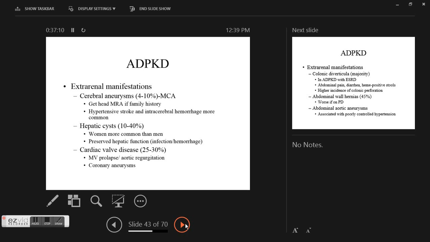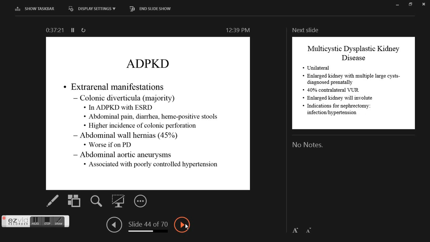If we know that somebody had a CNS event, you better believe we'll be screening them with MRIs very early on. Colonic diverticular hernias, if they're on dialysis especially, you can see abdominal aortic aneurysms as well. Very important because, of course, that ruptures. They're in big trouble.